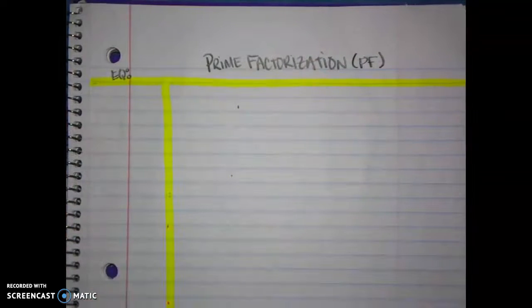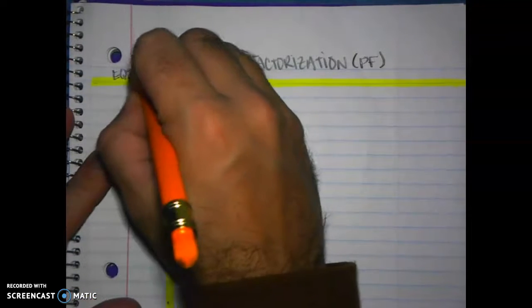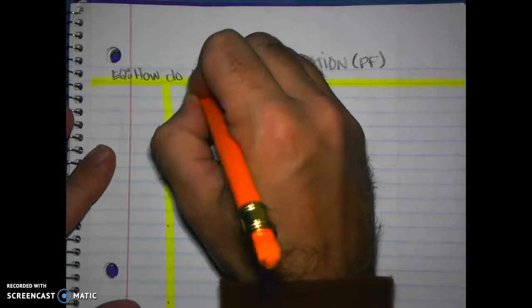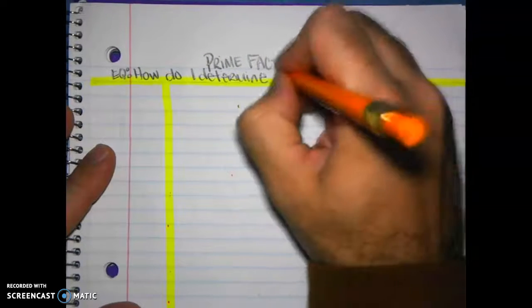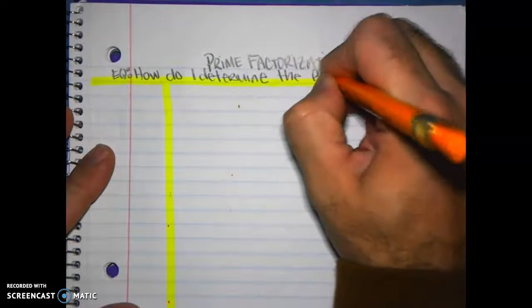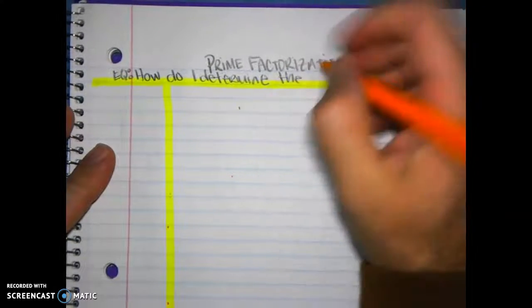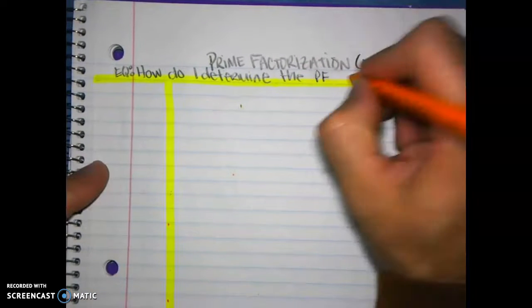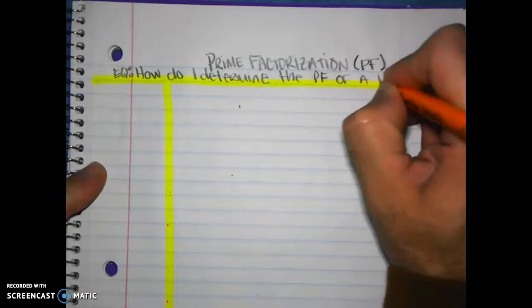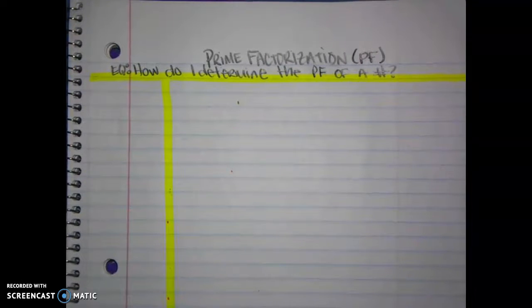So like we just said, our essential question is, how do I determine the prime factorization of a number? Okay, so I hope you have your title and your essential question written down. Let's go ahead and get started.